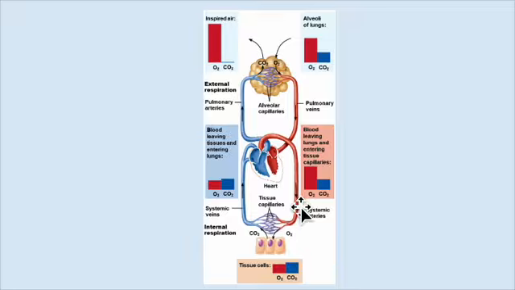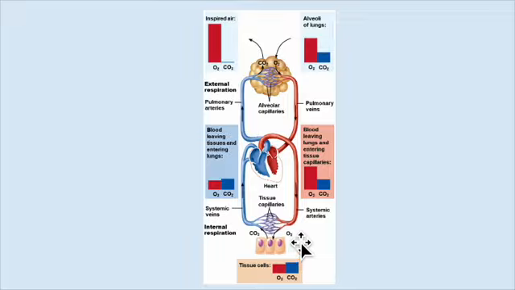Now, systemic arteries are going to branch off, and arterioles will then become capillaries, and capillaries are found within our tissues to deliver oxygenated blood to our tissue cells.